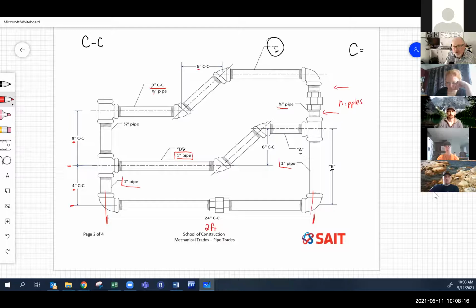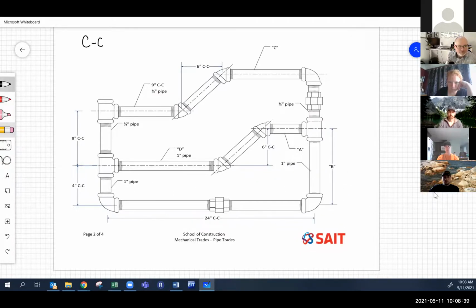I don't care how long each one of them is. You just have to get this measurement correct, right? We will determine what this overall measurement is in a bit. Okay, so you have to pay attention to the pipe and the lengths that we are already given.